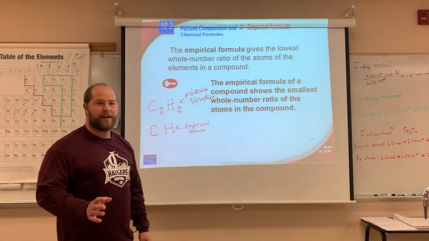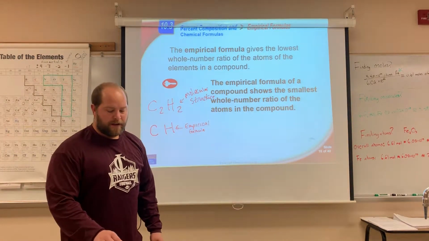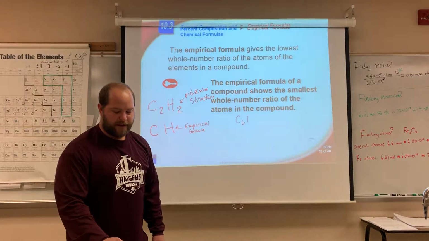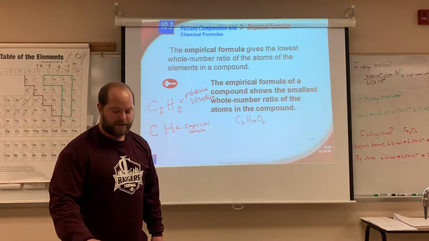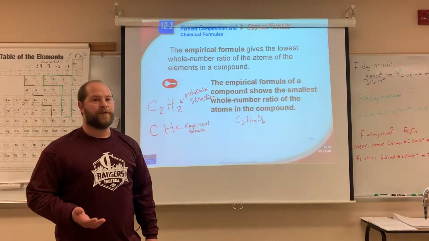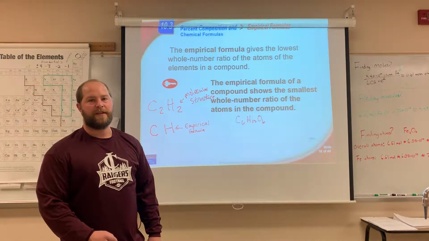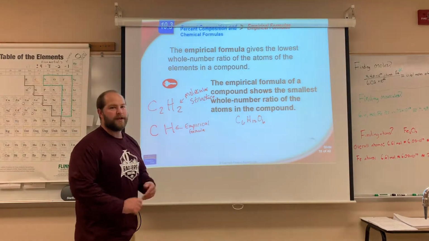I can give you guys a couple more examples of this. So let's say we have sugar, which is C6H12O6. That is the molecular formula of sugar. And if we wanted to know the empirical formula, it would be the simplest whole number ratio.